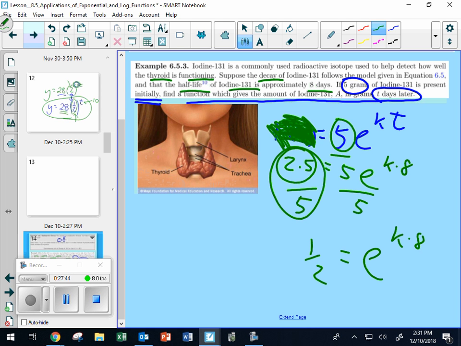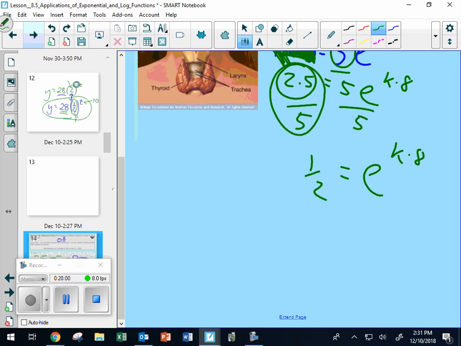I'm trying to solve for k. Hint, whenever it gets really weird, what did I say would be the main way, the main system? Yes, you switch forms. You rewrite it into the other form. So that needs to switch to log form. Log base, what's the base here?